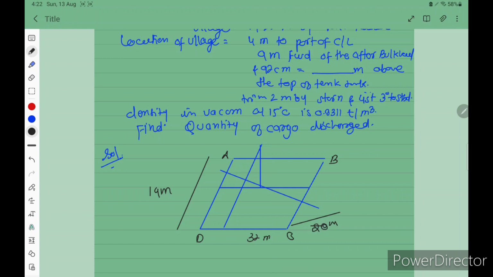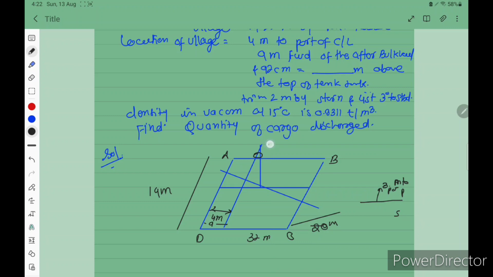The ullage was measured by sonic tape. Ullage port located is 4 meter forward of the aft bulkhead. This is the location of your ullage port. So it is 4 meter from the aft bulkhead, that is called A. 3 meter to port of the center line. So if this is your center line, it's starboard and port, so 3 meter to port.